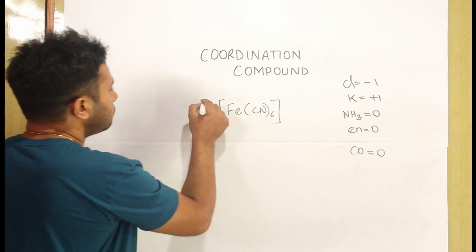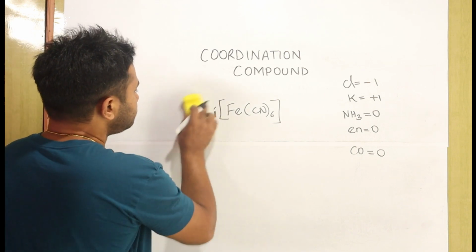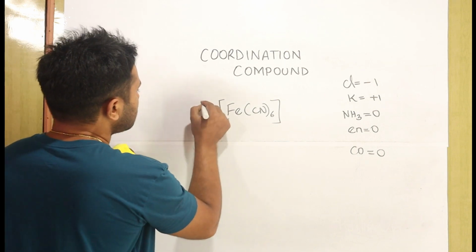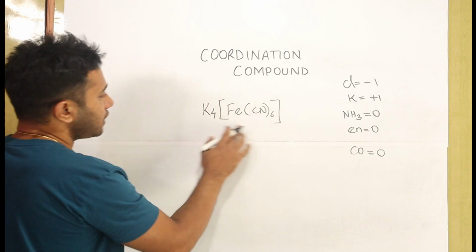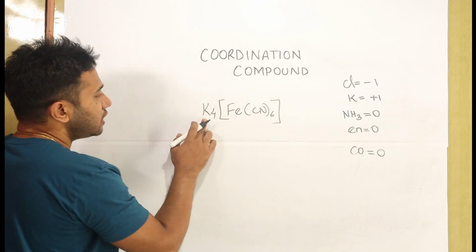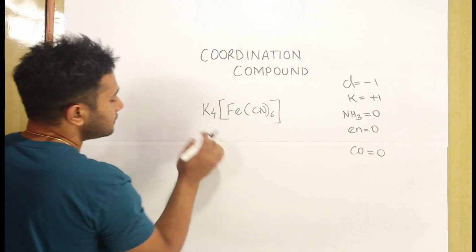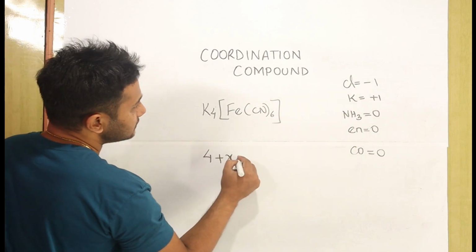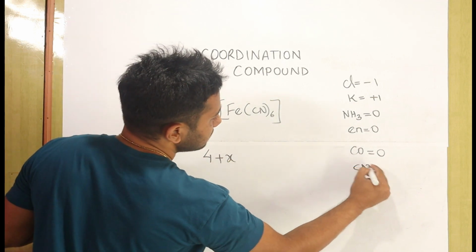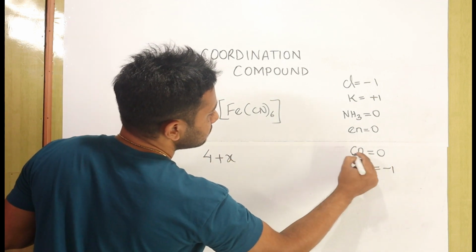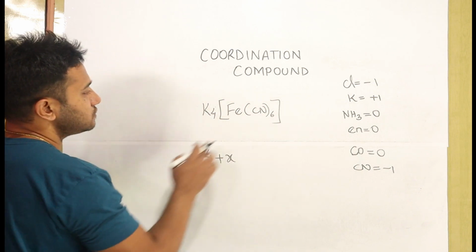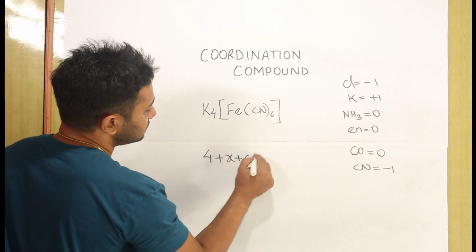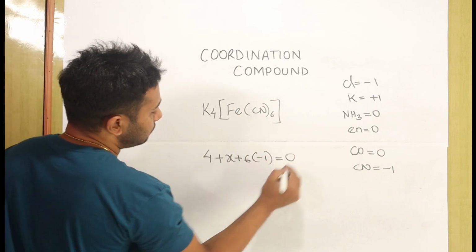We have K4[Fe(CN)6]. So charge of potassium is +1, so 4 into 1 is 4 plus X. Cyanide CN is -1, charge of cyanide is -1, so 6 into -1 equals 0.